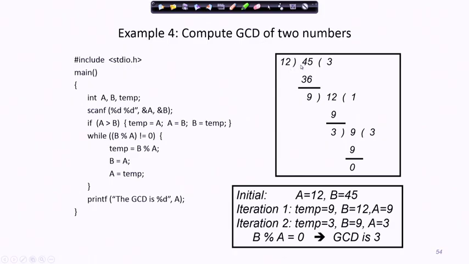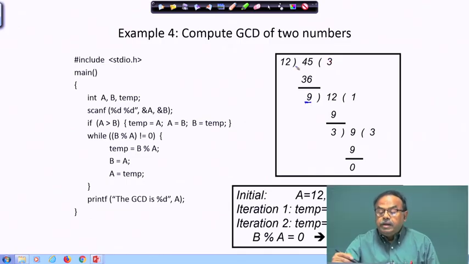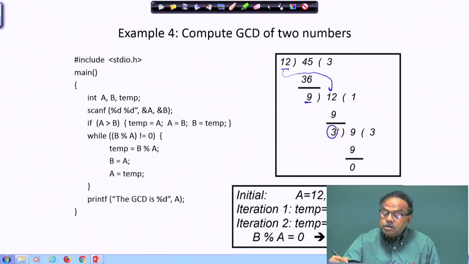What I do is I divide the bigger number with the smaller number and get a remainder. You see, remainders are becoming so important. If the remainder is not 0, I divide now the smaller number with the remainder and then I get again a remainder which is non-zero.